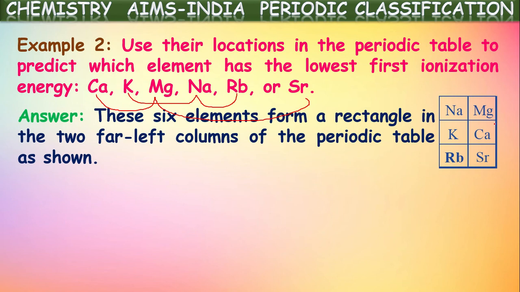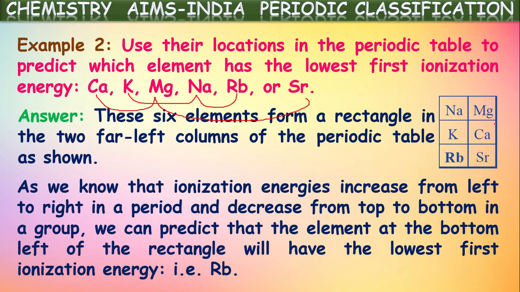Now the point is, as we know, the ionization energy increases from left to right. So in this way, from left to right in the periods, ionization energy increases. Now if you see from left to right like this, which elements have the lowest? They're asking about the lowest first ionization energy, no? So these first group elements have the lowest ionization energy. Out of these three elements also, again, these three are in the same group, isn't it?